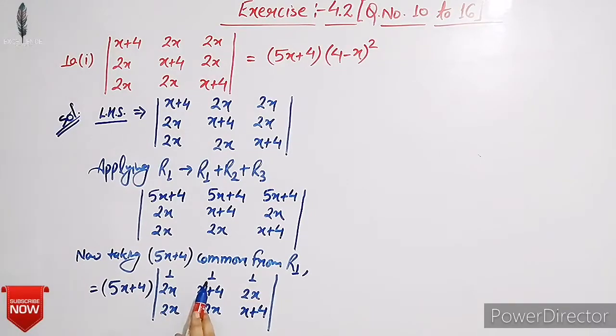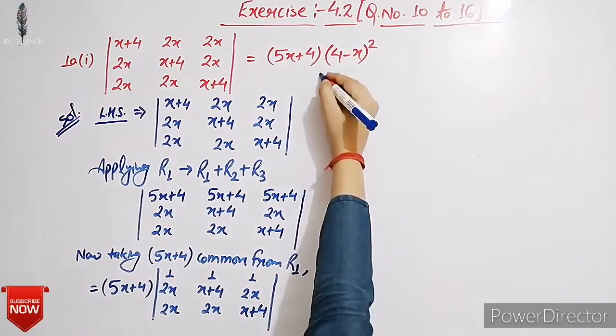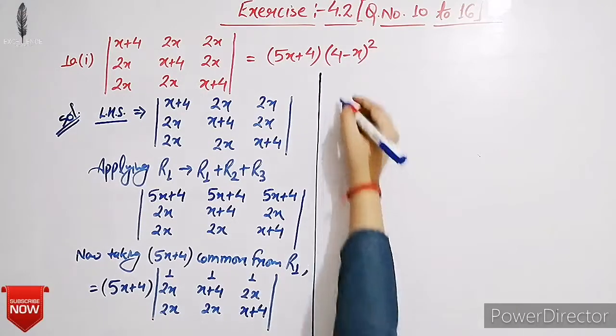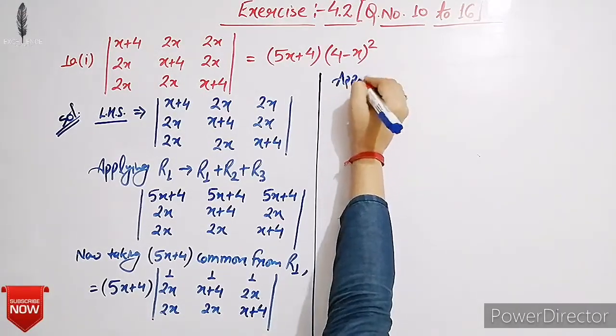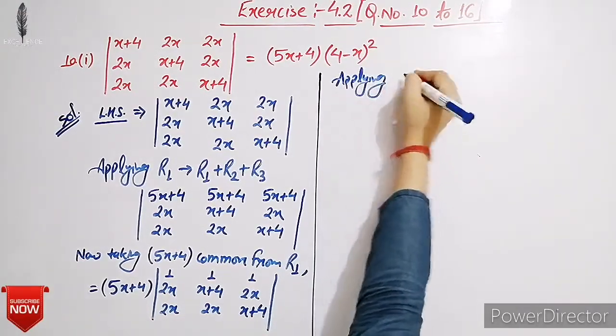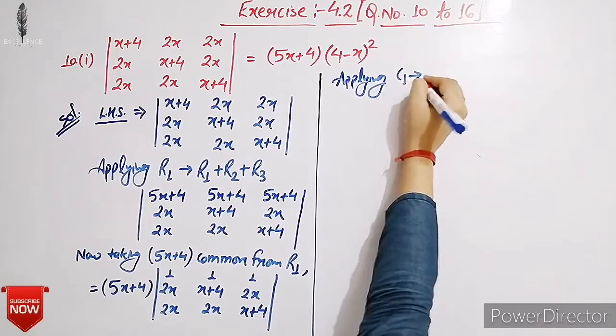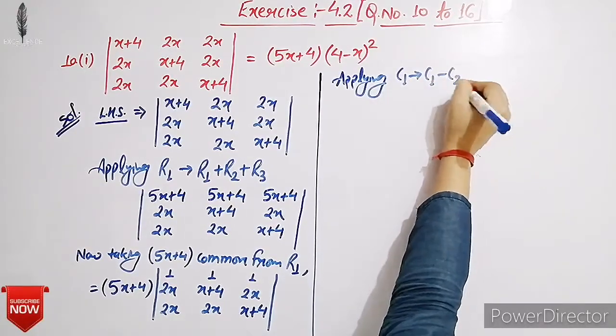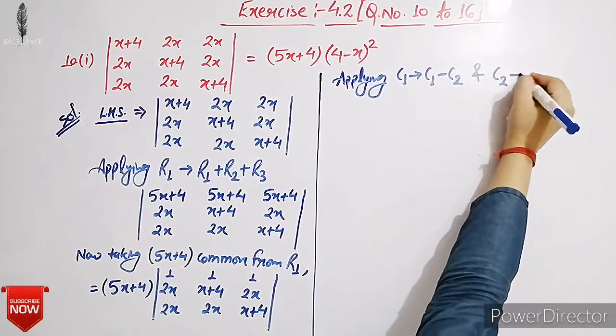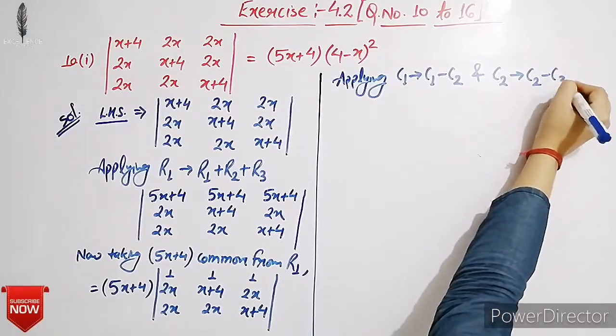Now clearly 1 minus 1 is 0, 1 minus 1 is 0. So applying the operation C1 is such that C1 minus C2 and C2 is such that C2 minus C3.